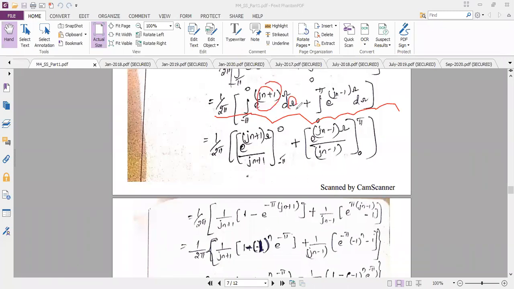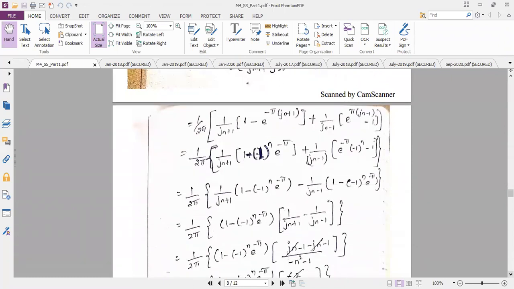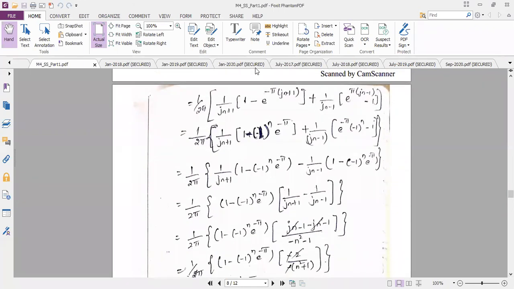It is with respect to omega. So it is e power (jn plus 1) omega by (jn plus 1). Similarly, the next term is e power (jn minus 1) omega by (jn minus 1). And the limits are different for the two terms. So I just wanted to substitute the limits, and we'll do the simplification. You just see whether you have got up to this first line, up to this step.